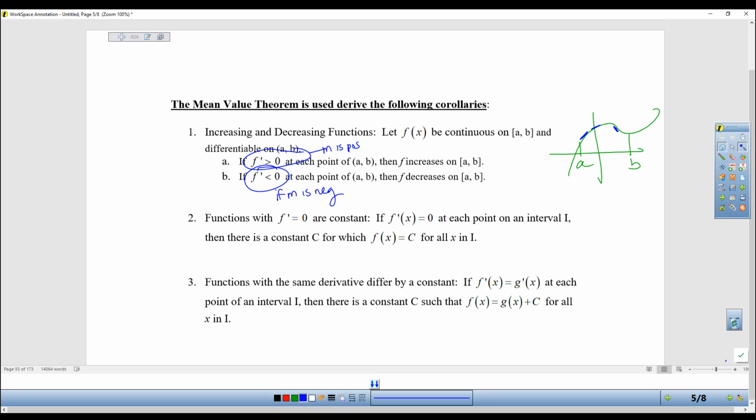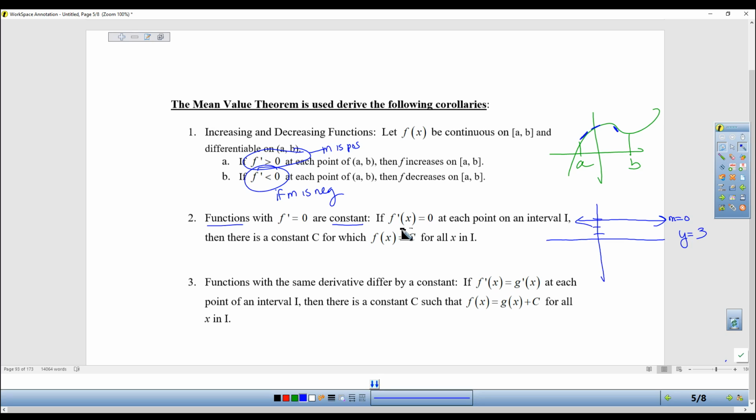Functions where the derivative is equal to 0 are constant. So if the derivative is 0, which means if the slope is 0, then the function must be constant, which we also knew. This must be a line, like y is equal to 3, right?